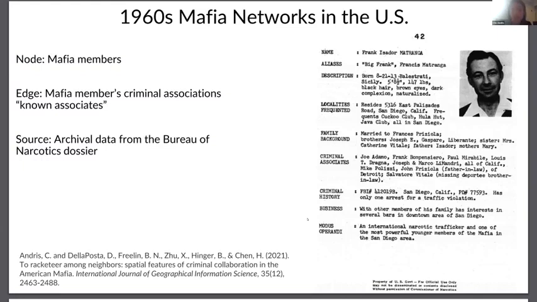We're really interested in the location where he lives and also the criminal associates. From this, you can derive a network of edges and nodes, because the criminal associates also have household locations.